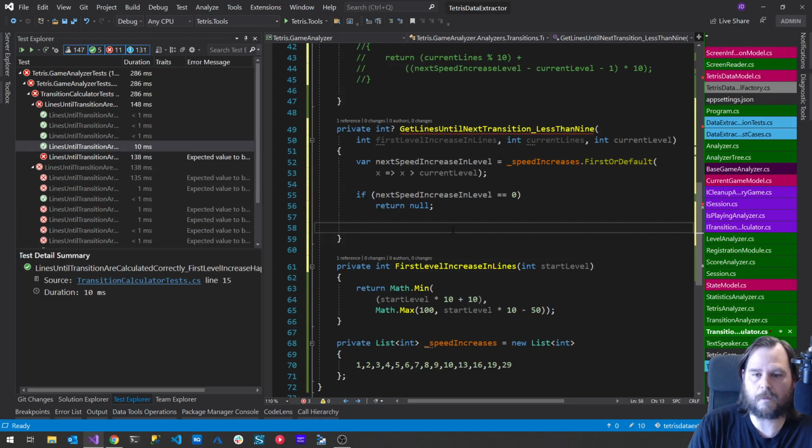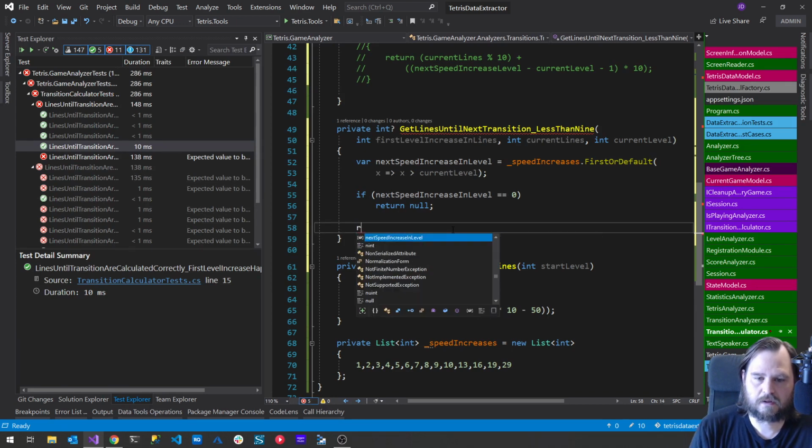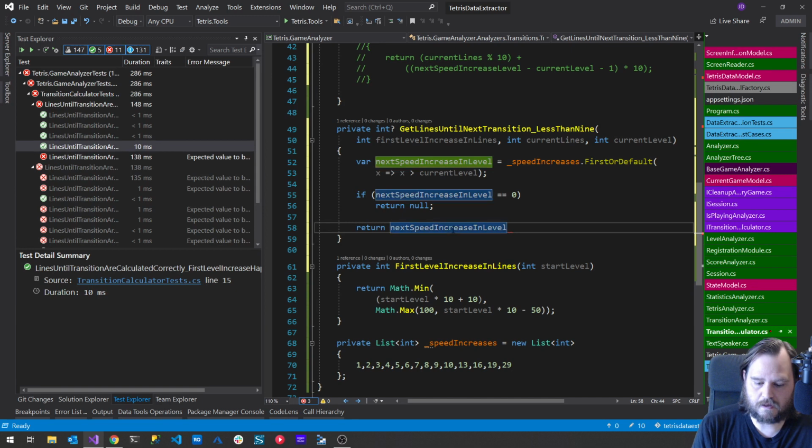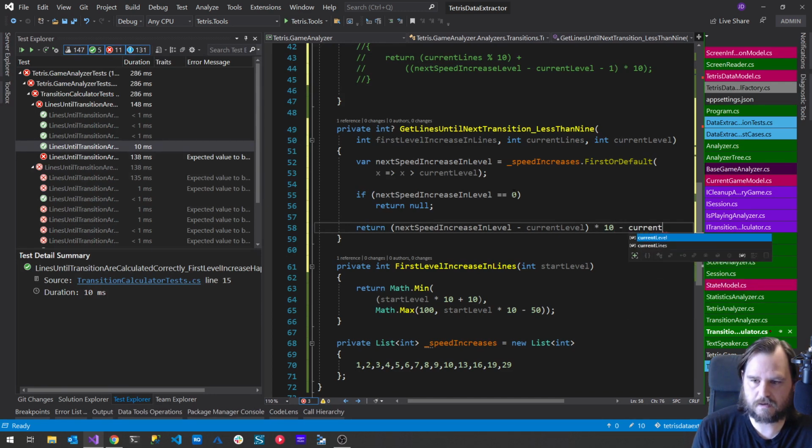Your next speed increase in level minus your current level times 10 minus current lines.